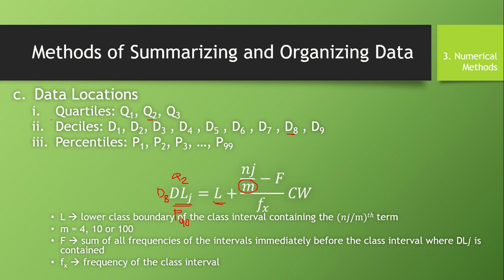If you will be solving for quartiles, then you will use an M which is equal to 4. If you will be getting deciles, then you will be using M which is equal to 10. And if we will be calculating for percentiles, we will be using an M which is equal to 100.